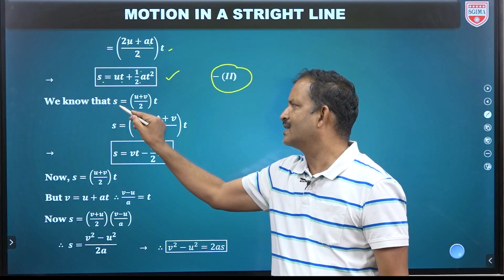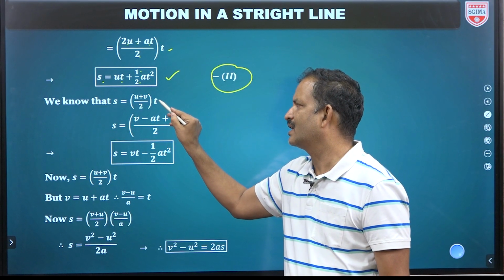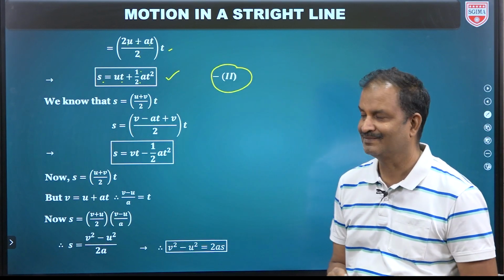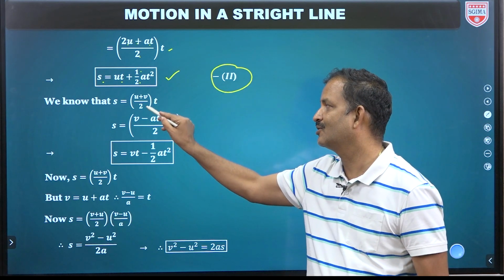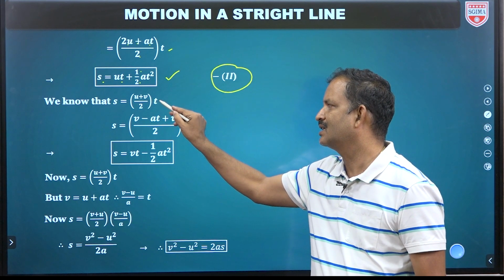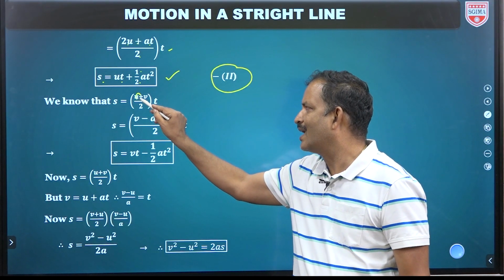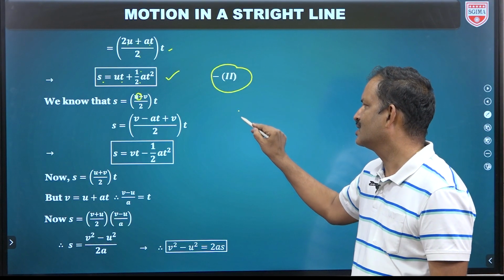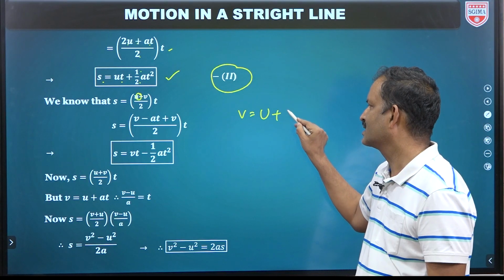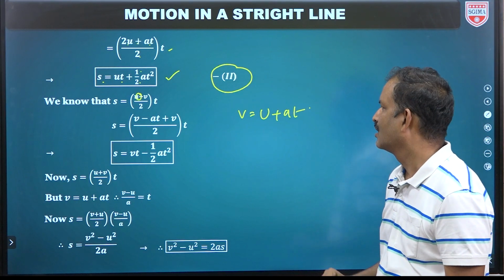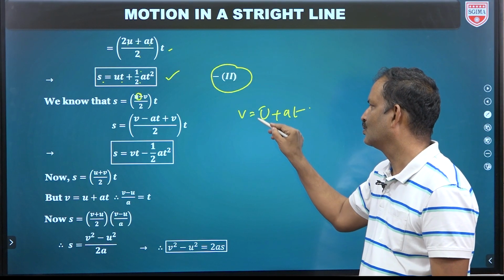Again, we know that s is equal to u plus v by 2, into t, average velocity into t. We know one basic formula: v is equal to u plus at. Now I am replacing u.